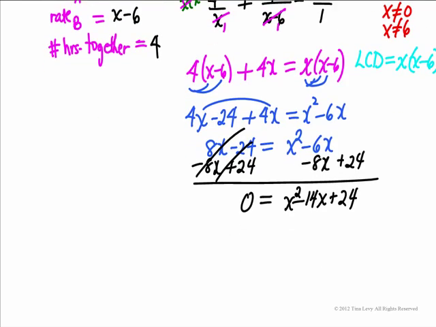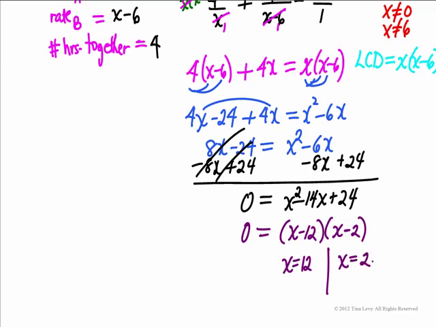We are now ready to finish this by using the zero product theorem, which means we have to factor. Factoring, I get 0 is X minus 12 times X minus 2. Now I set each one equal to 0. I get X is 12 or X is 2.